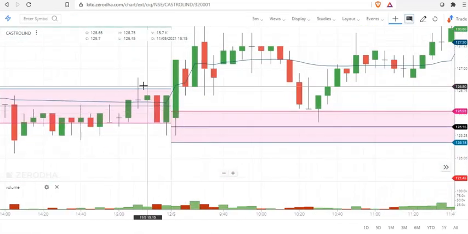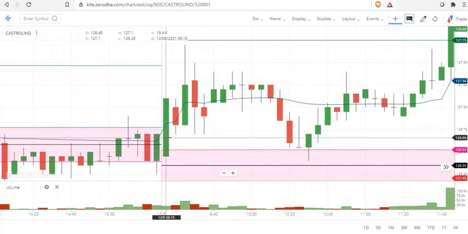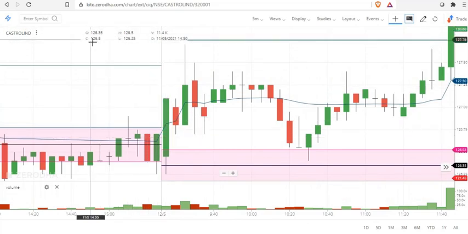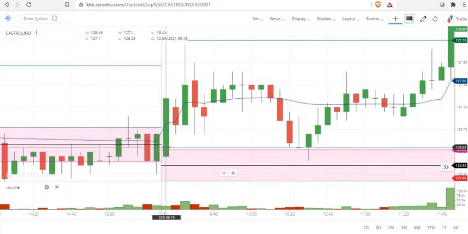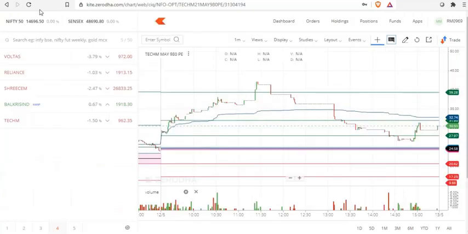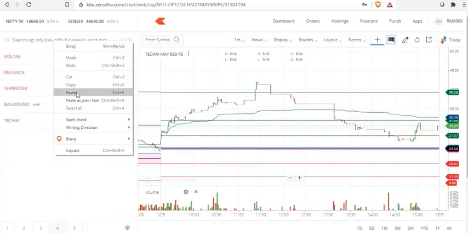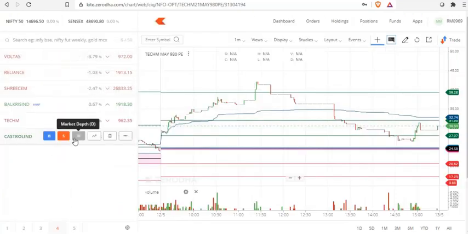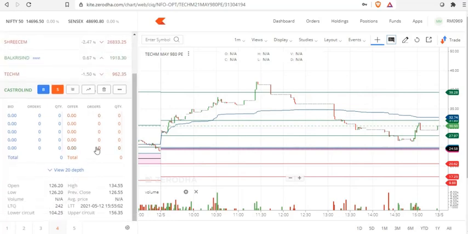In this chart it shows the opening. Here you can check. This open is 126.45, low is 126.25, a slight difference. We can check on Castrol Industries. Here we see open is equal to low, 126.20, 126.20.